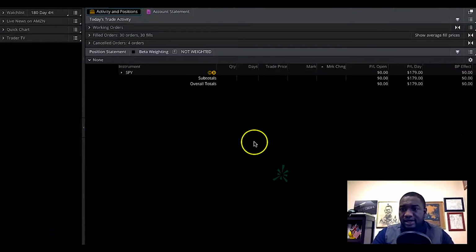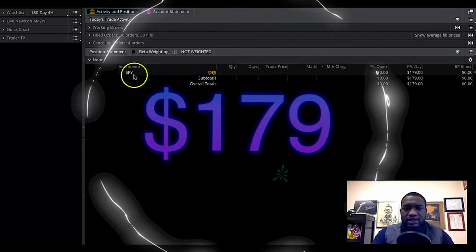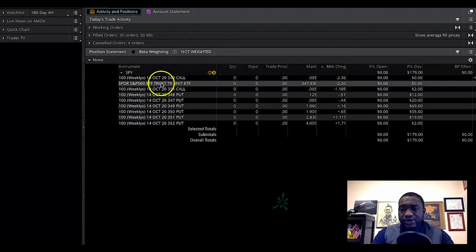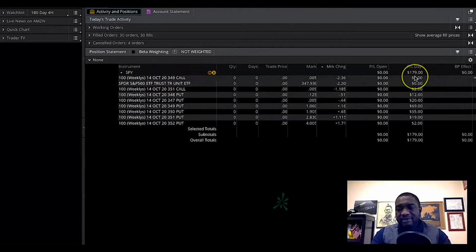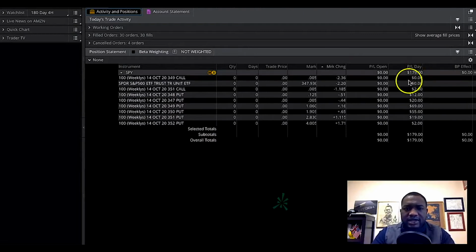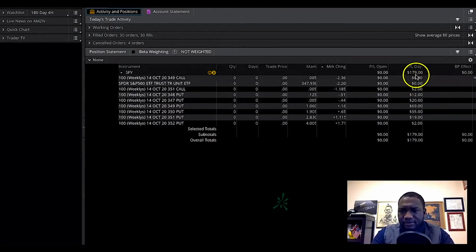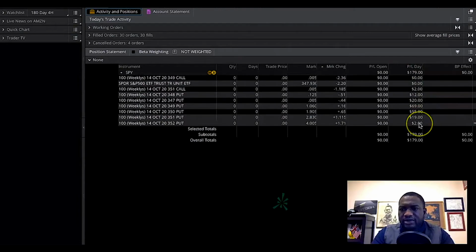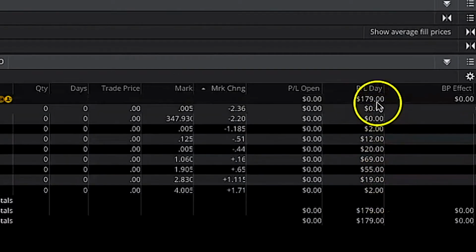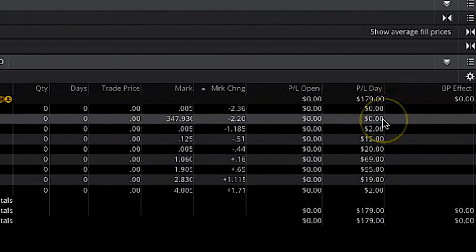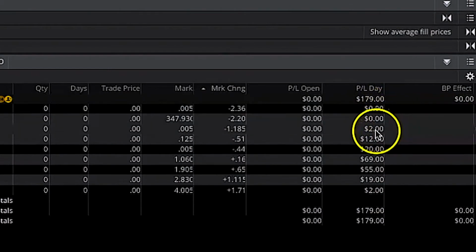So in today's trading, I made $179. I did multiple trades, so maybe after fees I made like $155, something like that. Here are some of the breakdowns of the trades. This one, it was $0, I didn't make money on this one. This one, it's $0. This one I made $2.